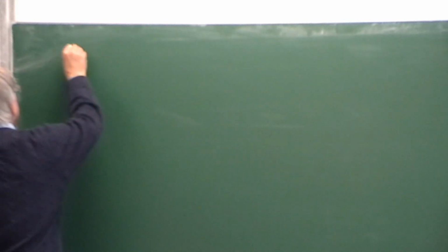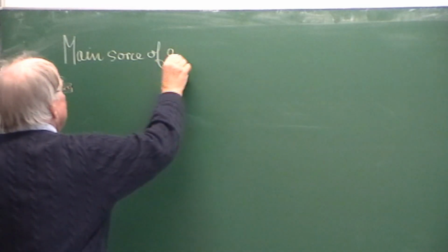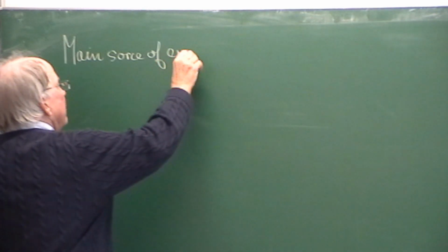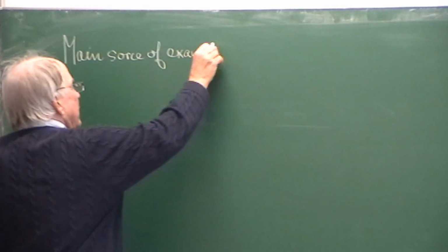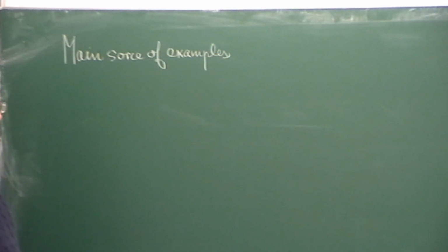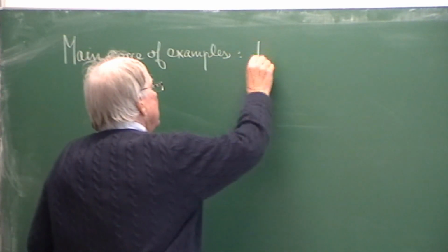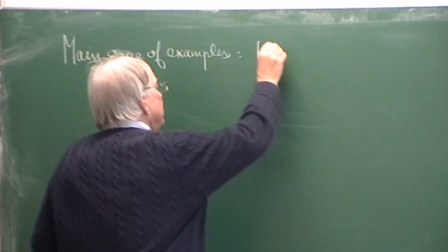So, the main source of examples carefully is what we call scalar manifold.